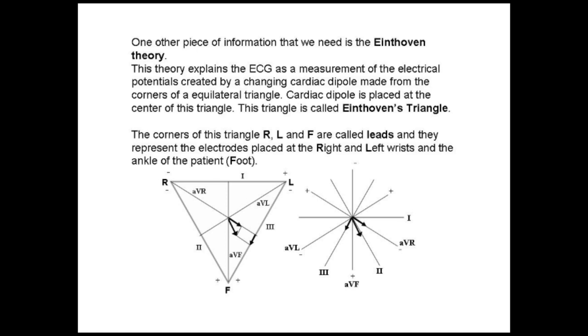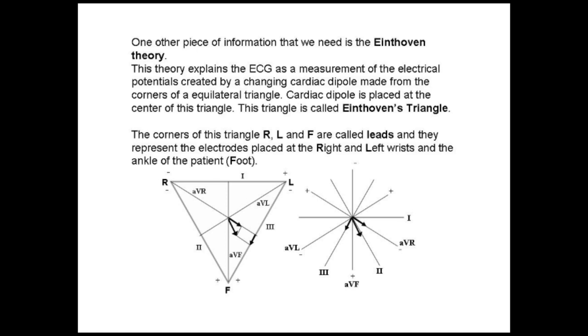His model is that the electrodes you connect to a patient, for example, on the left hand, the right hand, and the foot, form a triangle which has equal sides. And the center of this triangle is the heart. The heart has a single net dipole, as we discussed before. And this dipole changes orientation and size, and that's why the potentials you measure from these electrodes are changing.